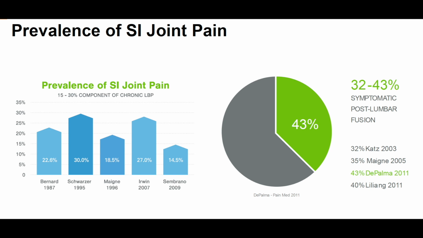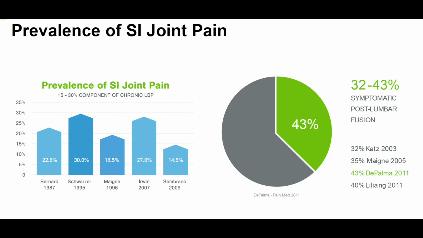How common is sacroiliac joint dysfunction? Estimates are from studies from 1987 to 2009. Of patients with chronic low back pain, 15 to 30% will have sacroiliac joint dysfunction. So the important thing to learn is that it's not uncommon to have low back pain, which may be a result of narrowing of the spinal canal, and also have sacroiliac joint dysfunction.